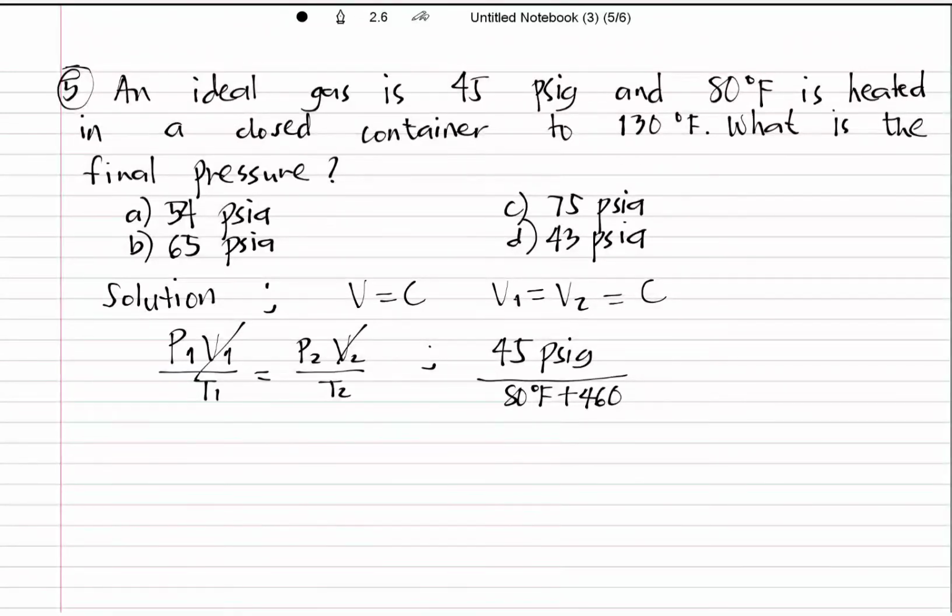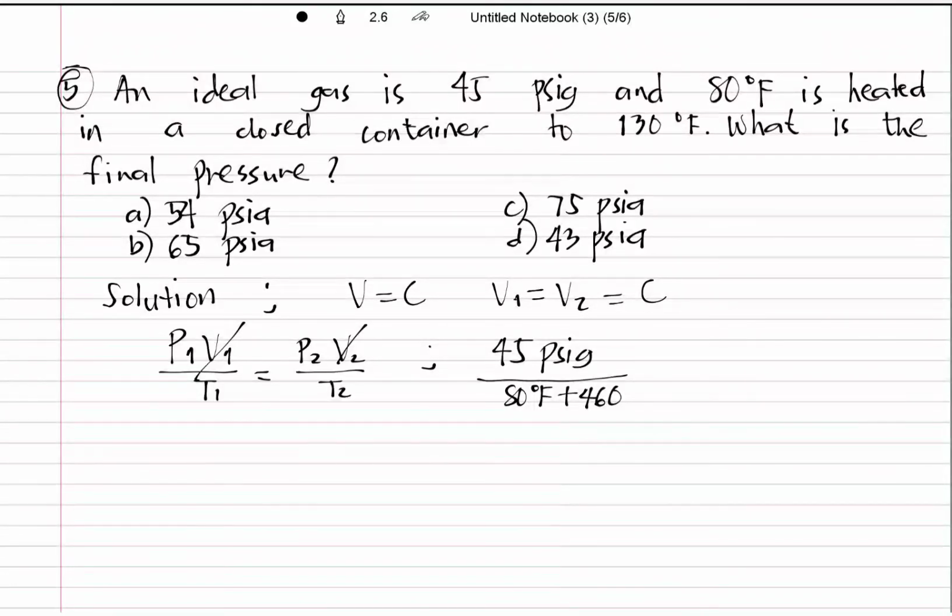Makikita nyo sa choices, naka-absolute. So, si gauge, dagdagan natin ng atmospheric. Hindi naman kabilaan, kasi kung magpa-plus ka naman ng 14.7, matik naka-absolute na yan. Yung P sub 2 mo, yung final pressure mo na unknown, is naka-absolute na siya.